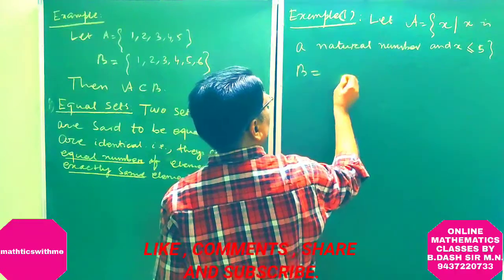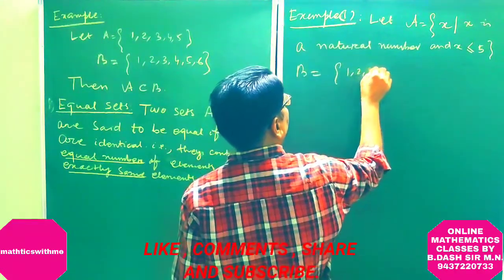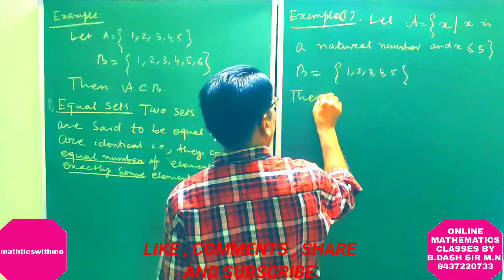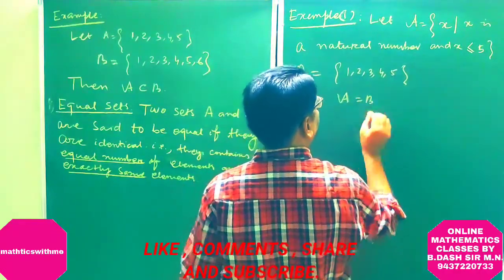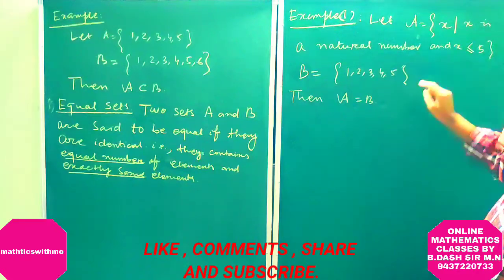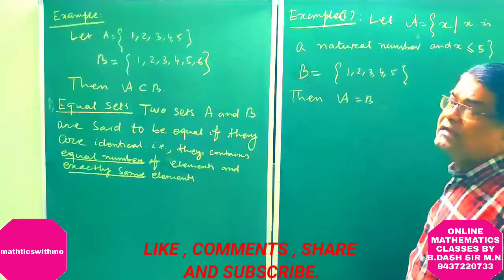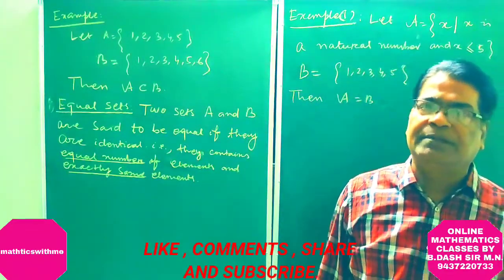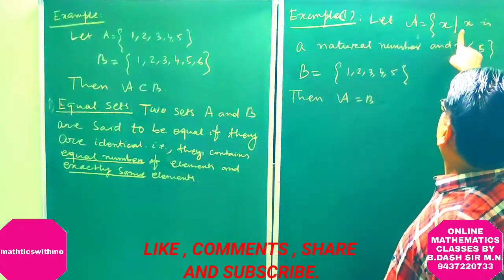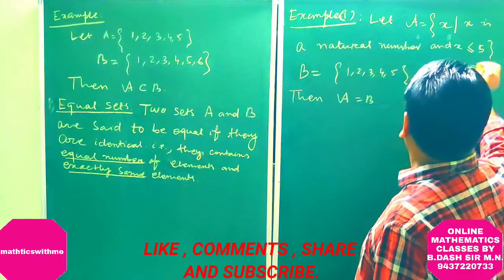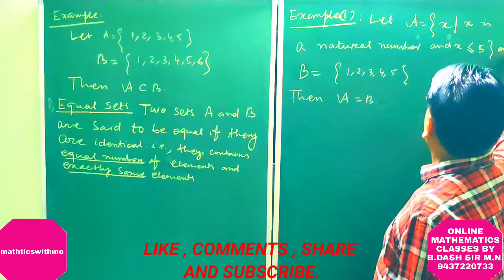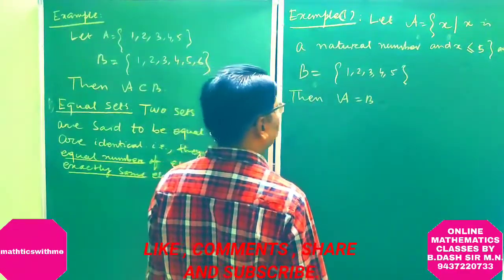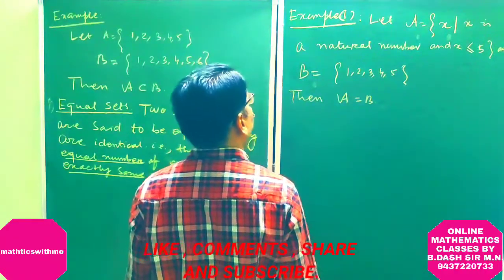B is equal to {1, 2, 3, 4, 5}. Then A is equal to B. We know the set of natural numbers is the set of counting numbers. So here the set A is actually the natural numbers 1, 2, 3, 4 and 5, and we have taken B is equal to 1, 2, 3, 4, 5. Therefore set A is equal to set B.